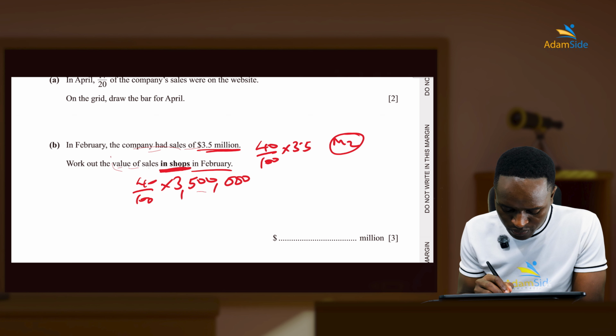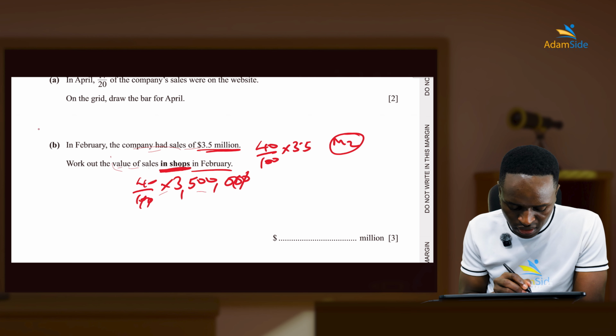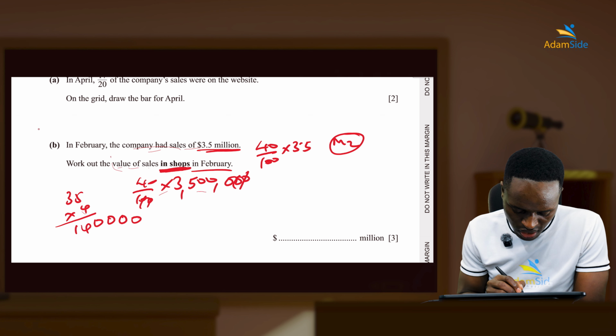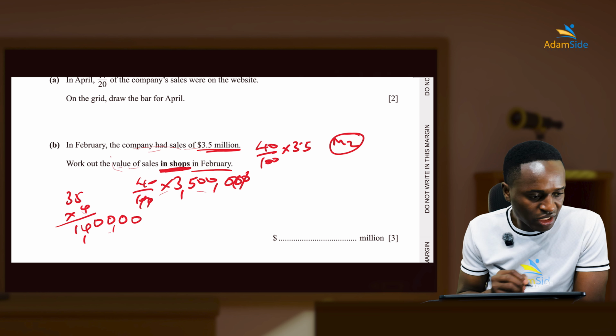This is simple. Then 35 times 4, what do you get? 140, and then add those zeros. So you get 1.4 million.